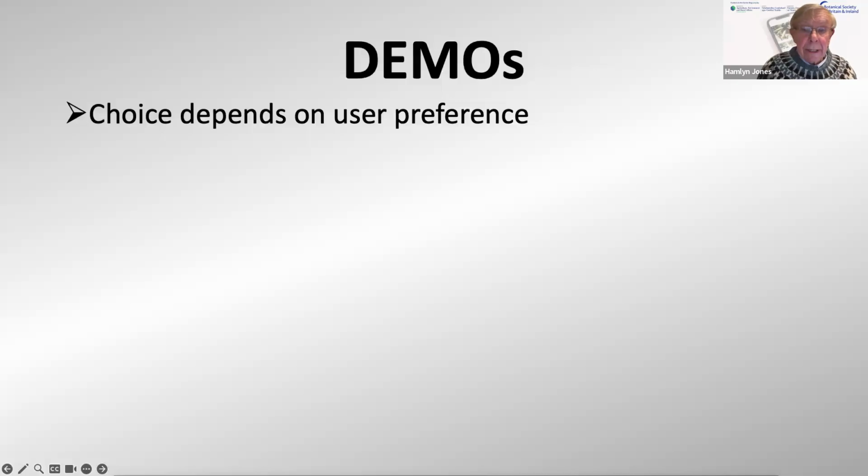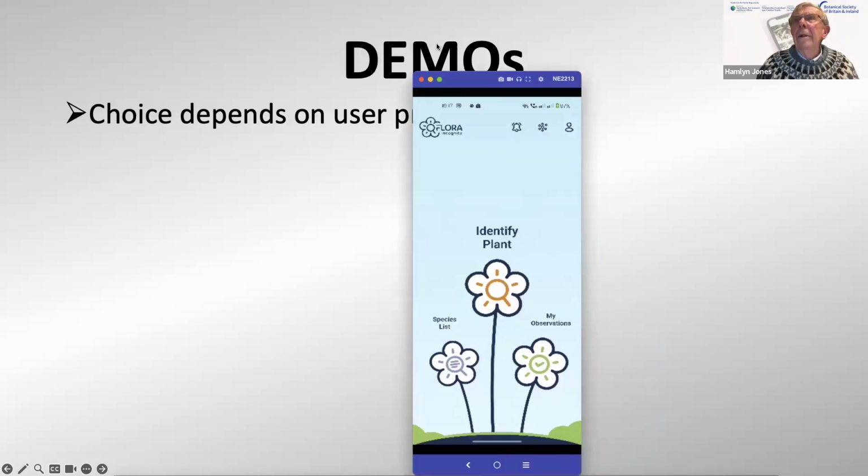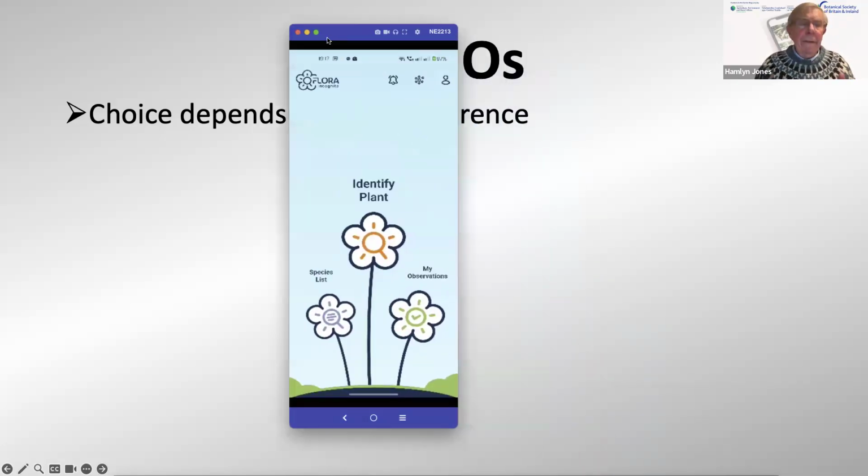And then let's just show this phone on the screen. And with luck, you should now see my phone. Yes, we can see that now.